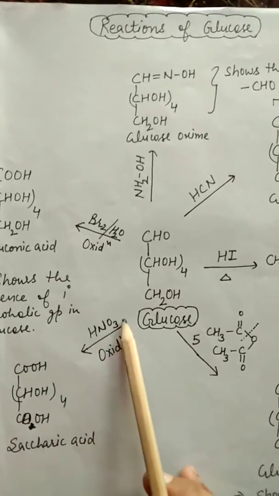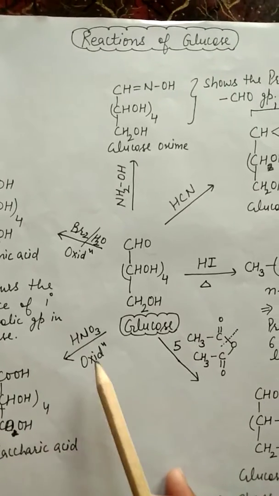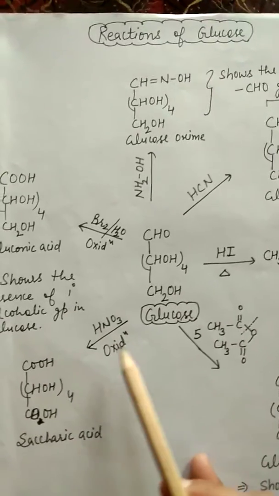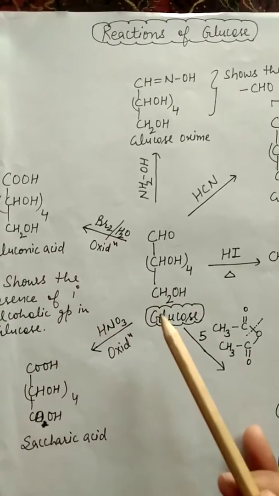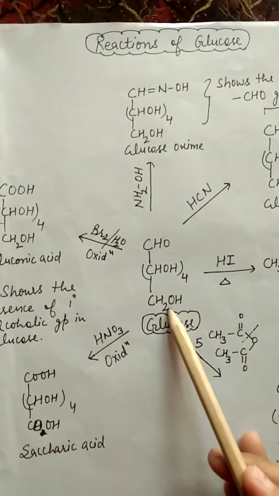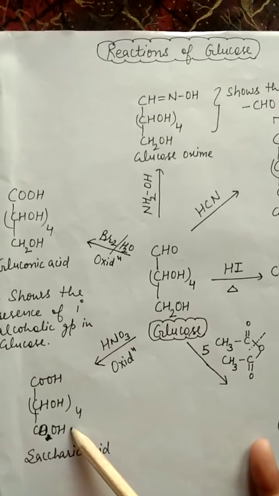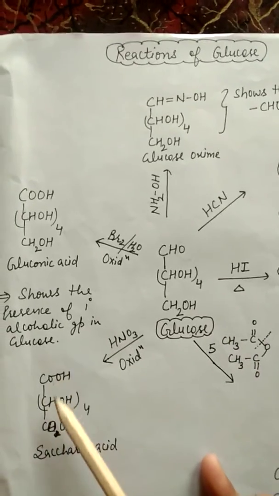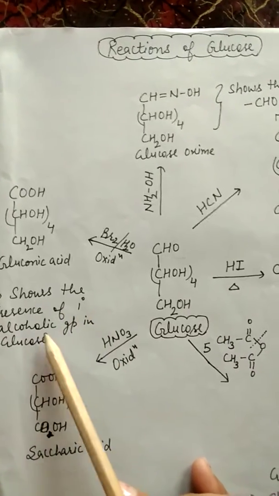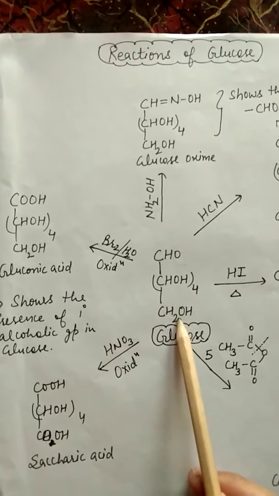Because nitric acid is a strong oxidizing agent, it oxidizes aldehyde into carboxylic acid and alcohol into carboxylic acid. This reaction also shows the presence of a primary alcoholic group in glucose, because this is the primary alcohol group.